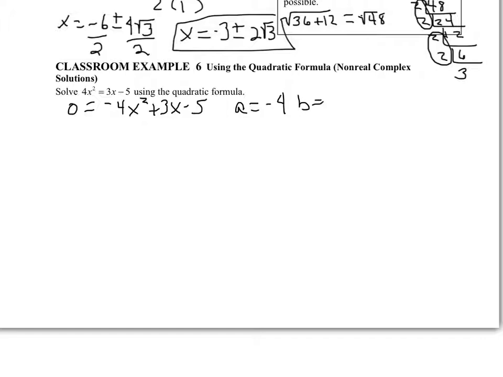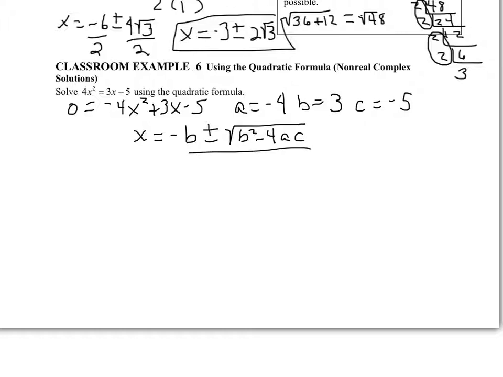B is going to equal positive 3, and C would equal negative 5. What I need to do now is plug into that quadratic formula. Be sure you write it down. X equals negative b plus or minus the square root of b squared minus 4ac, all of it over 2a.